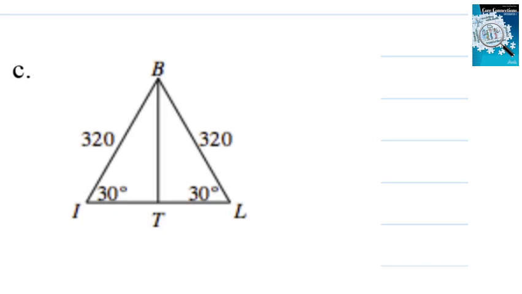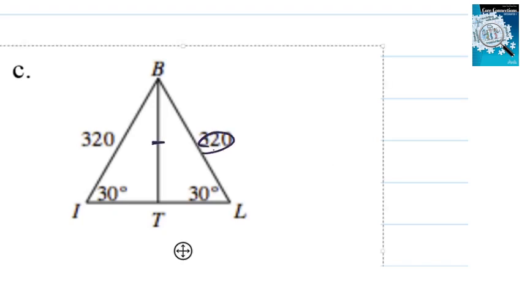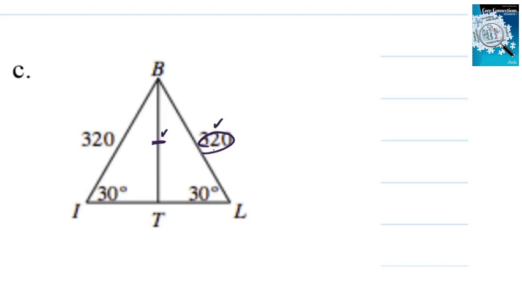But I'm trying to think here if there's something else that could happen. I don't think these are necessarily congruent because, like I said, they definitely share this side. So I've got side and then this 30-degree angle, and then here I've got this side and the 30-degree angle. But side and then angle does not lead to triangle congruence.